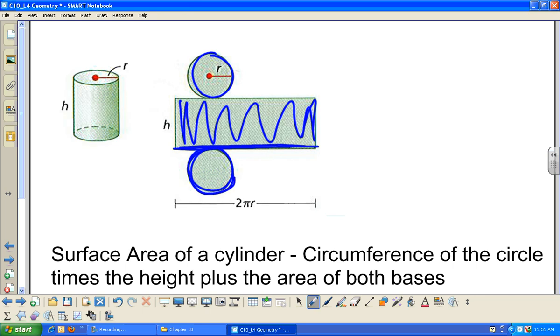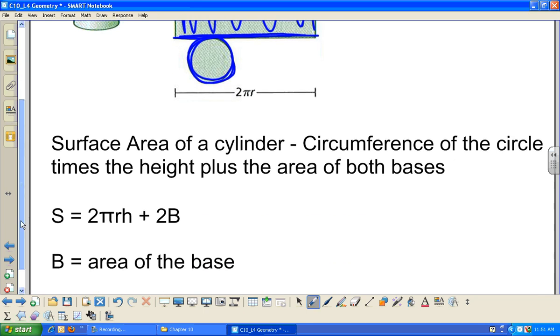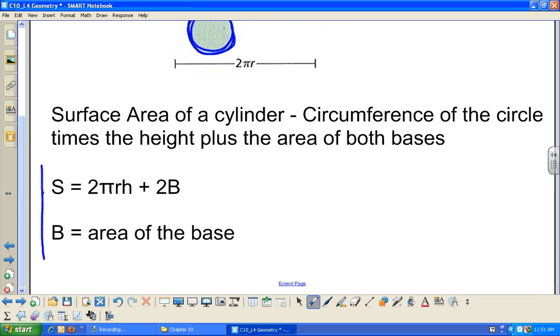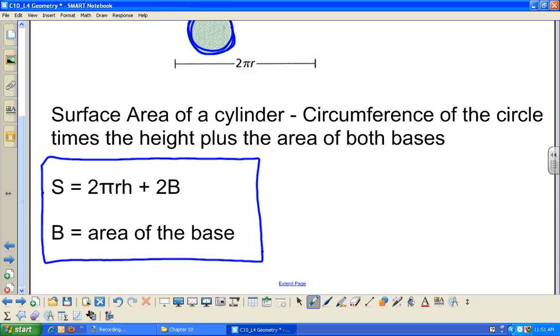So when I'm finding the lateral area, the rectangle, that would be 2 pi r times h, because 2 pi r is equal to your circumference. So make sure to write down these equations. Surface area of a cylinder is the circumference of the circle times the height plus the area of both bases. So S is equal to 2 pi rh plus 2B. B would be equal to the area of the base.